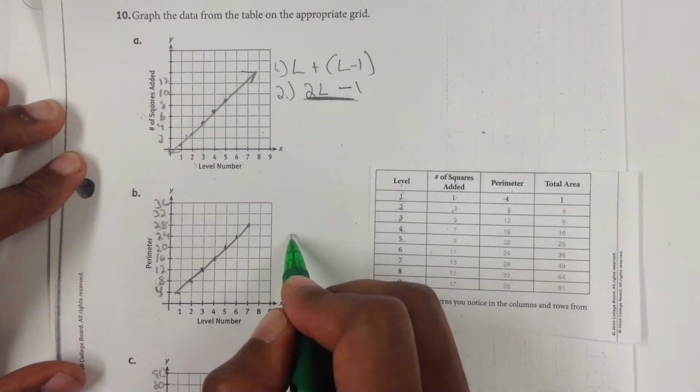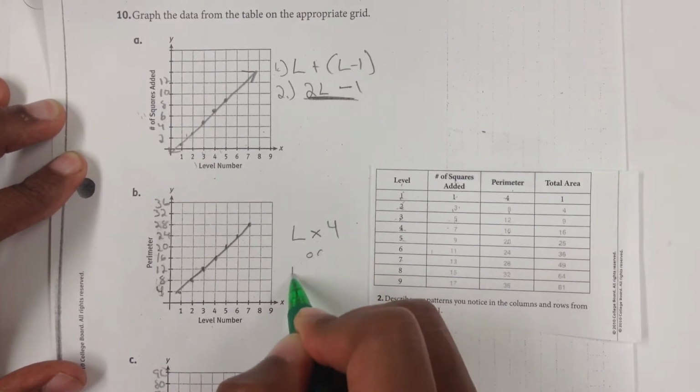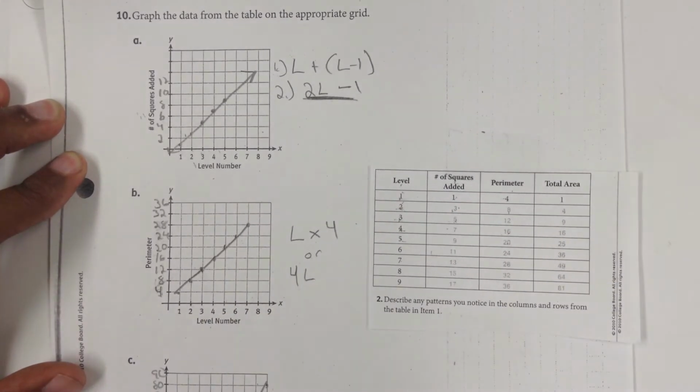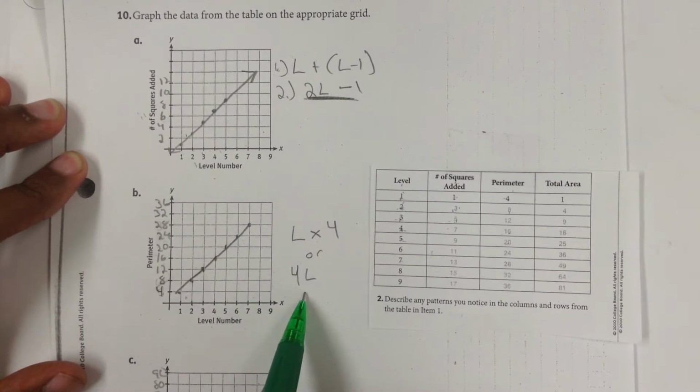So that expression is the level times 4, or 4L. From table to graph to expression, all three are talking about the same thing.